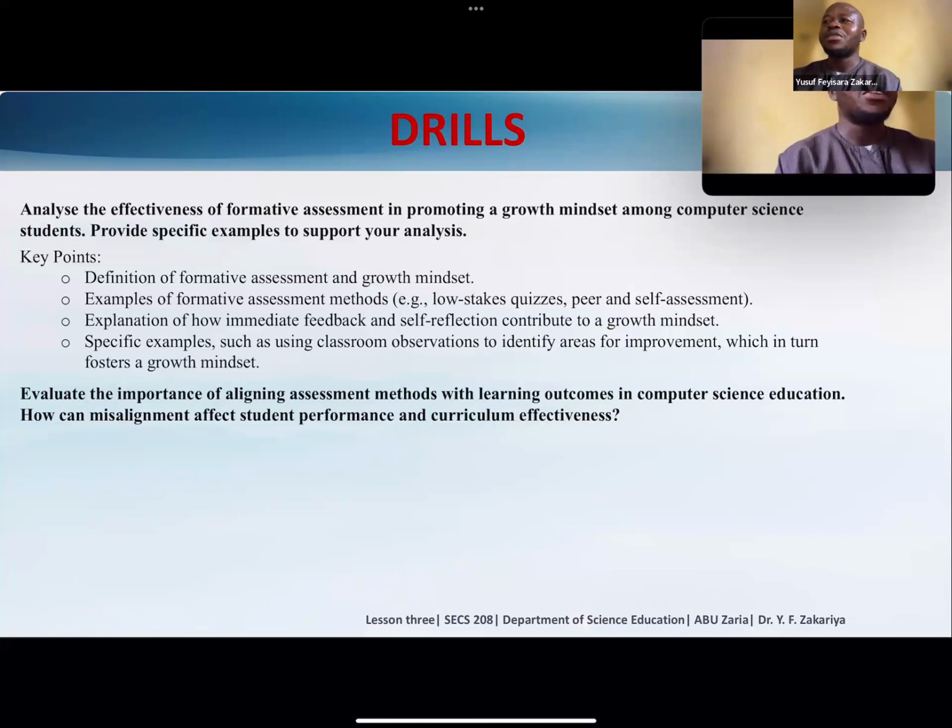What about learning outcomes? Learning outcomes. Another additional point from another person? Is my question too tough?